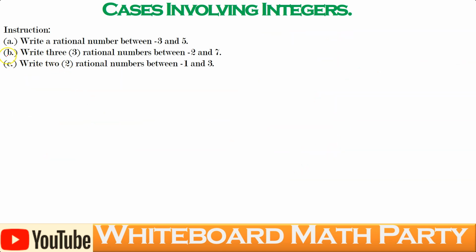The second example is B, and B says write 3 rational numbers between -2 and 7. I'm going to use two methods just like I used in the first case to show you exactly what these numbers are. So the numbers we're dealing with for question B are -2 and the number 7. The first method is the selection method.